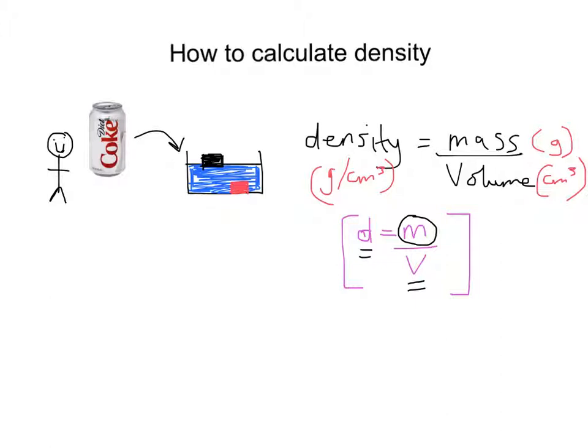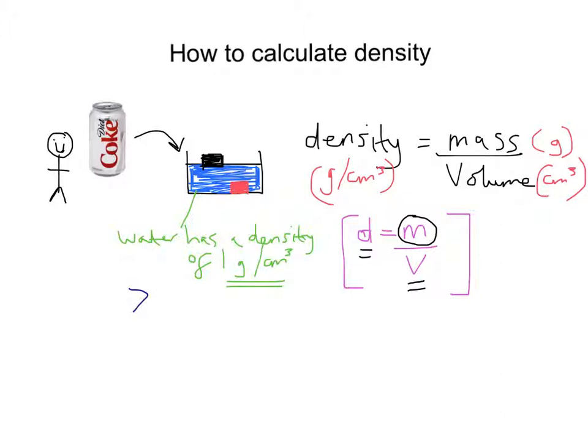Now, as it happens, the density of water has a fixed value. Water has a density of 1. So I'll just make a note of that. Water has a density of 1 gram per centimetre cubed. What that means, ultimately, is that if an object has a density greater than 1 gram per centimetre cubed, it would sink.